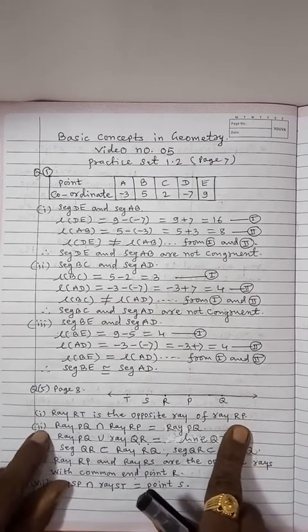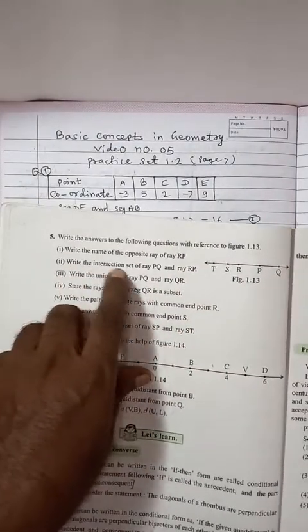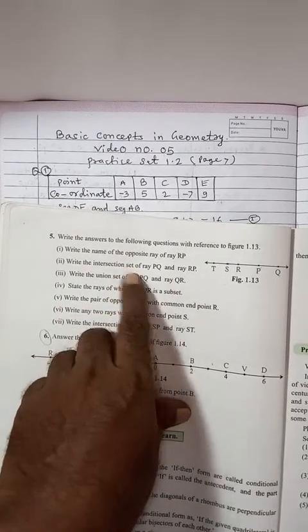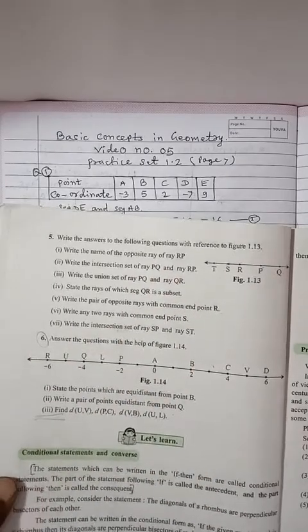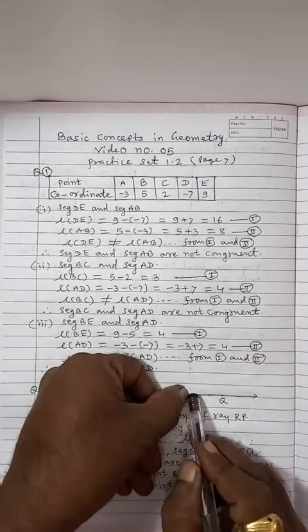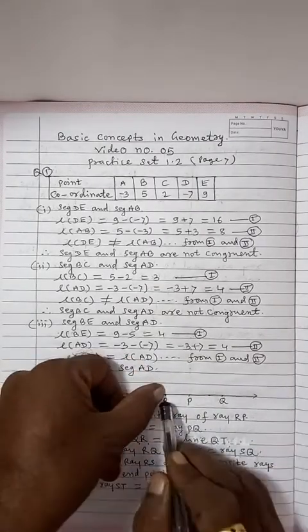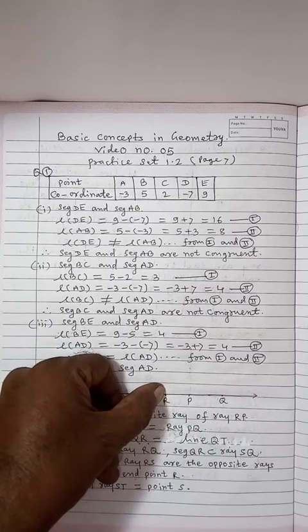Okay, then sub question number 2. Write the intersection set of ray PQ and ray RP. Ray PQ is this side. Ray RP is this big ray. We have to write their intersection.